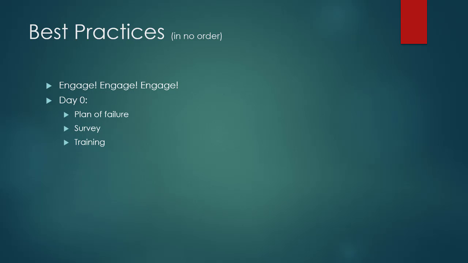Another thing you need to do as early as you can in your teaching of a particular course is to survey your students. And the reason why is very simple: what do your students have access to?